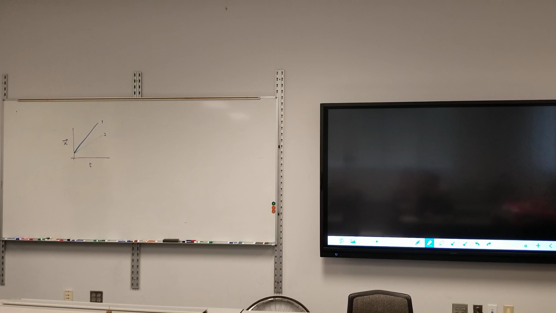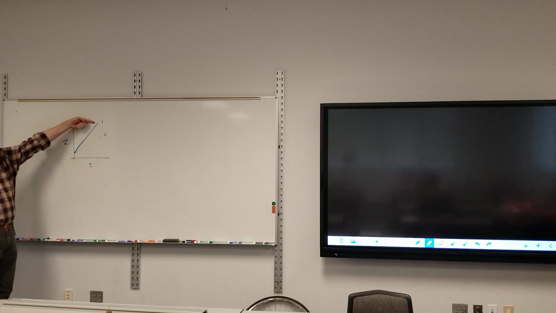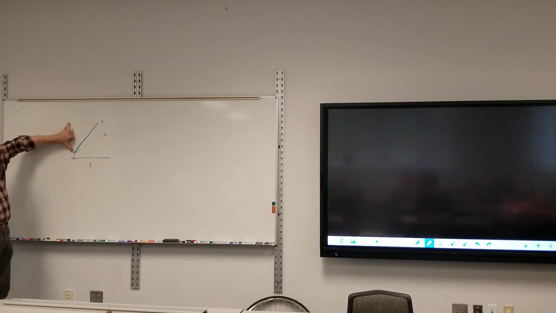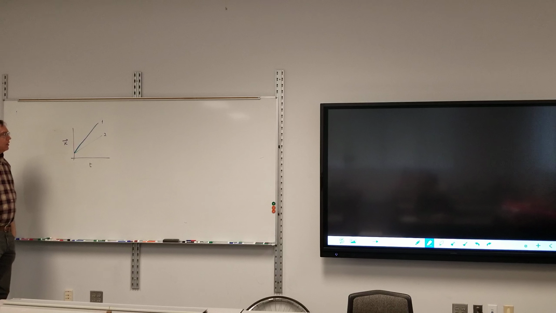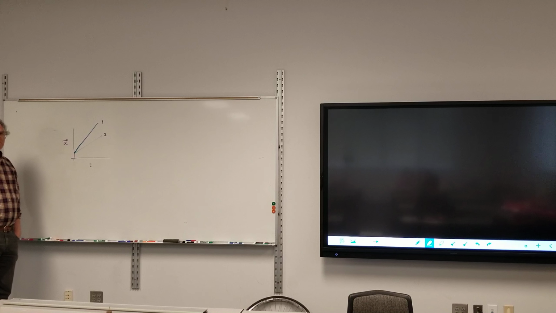We'll call it object 1 and object 2. Which one's traveling faster? One. Okay. We can look at it from one point of view, the fact that in the same amount of time, one travels a greater distance, has a greater displacement. What else can you tell me mathematically about the difference between 1 and 2? The slope. Okay. So if you have a position versus time graph, how would you find velocity?